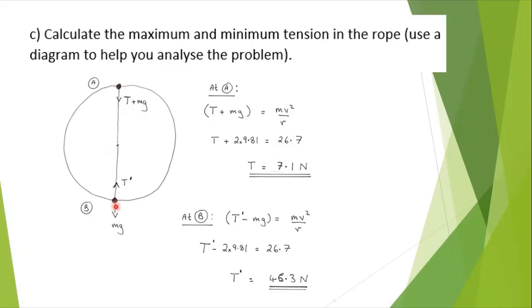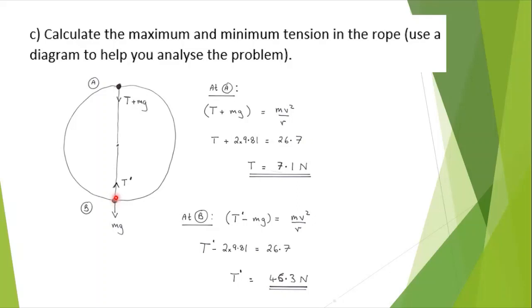But at B, and I think if you try this with whirling something like a plug at the end of a cable in a vertical circle, you'll appreciate that the tension here just feels as if it should be greater. So at B, what is the centripetal force? Again, it's not some imaginary force.